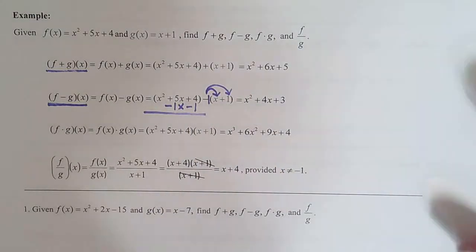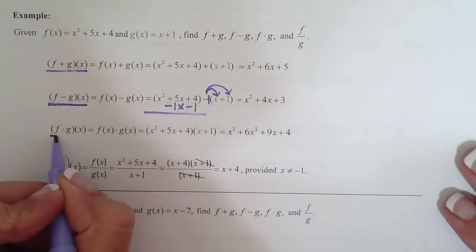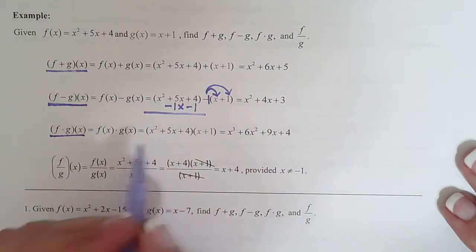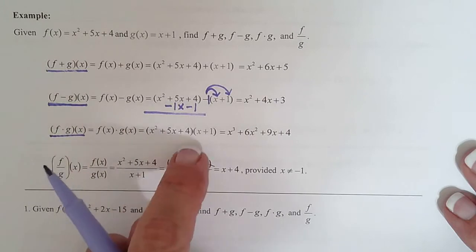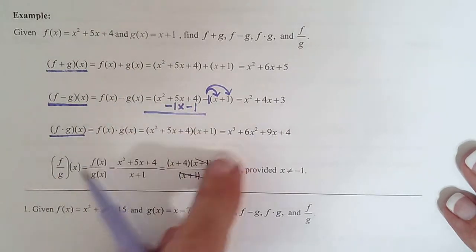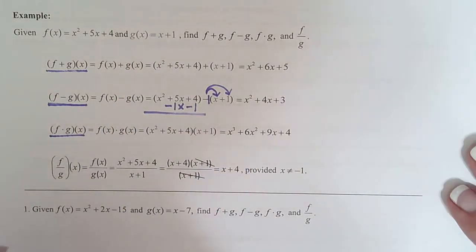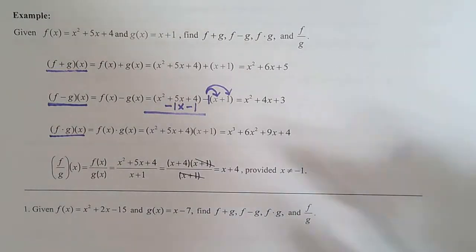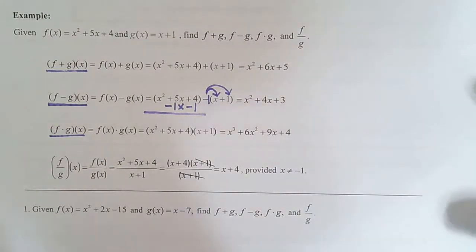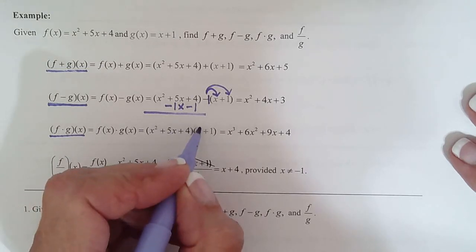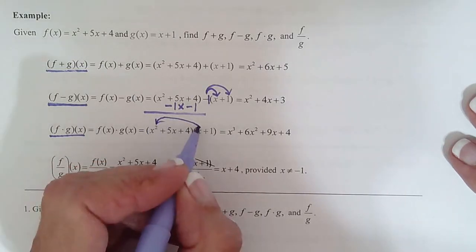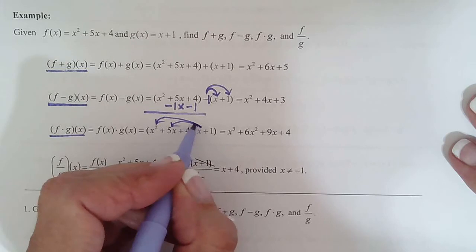And then here we have f of x times g of x. So you put them both in parentheses. There's f of x times, and there's g of x. This one I didn't show the work for, so let's go ahead and show the work on the side. You remember with this one, we have to take the smaller one and distribute it to everything in there.